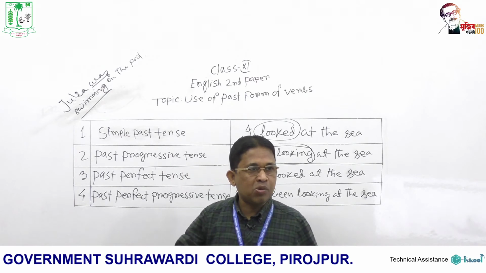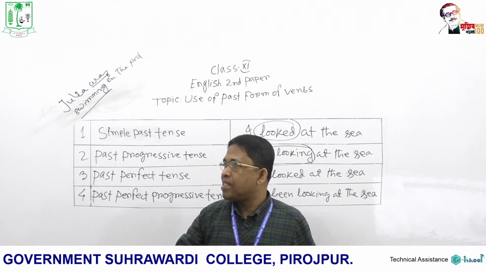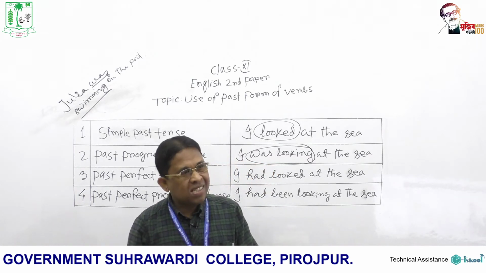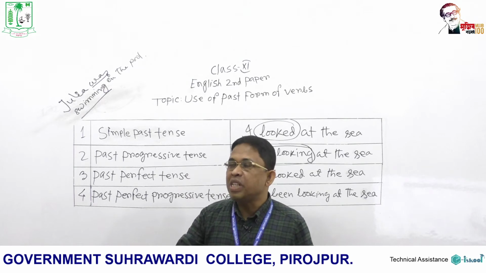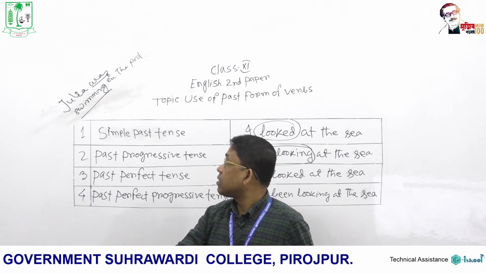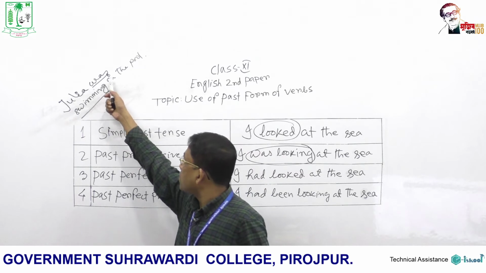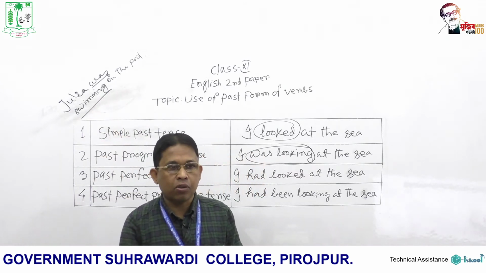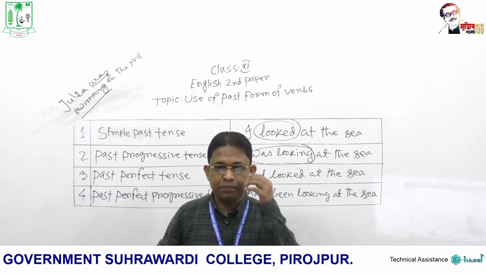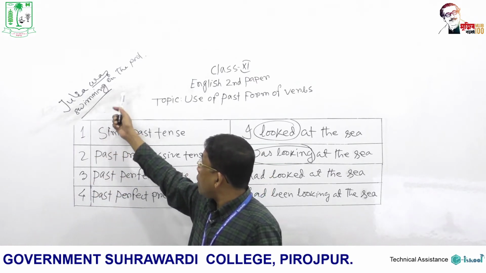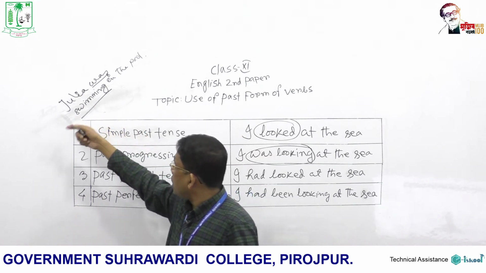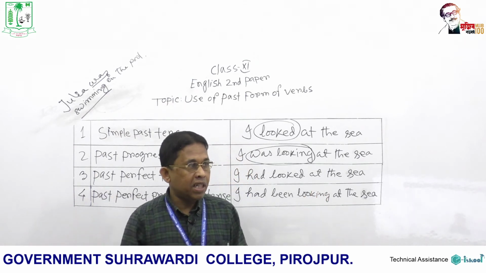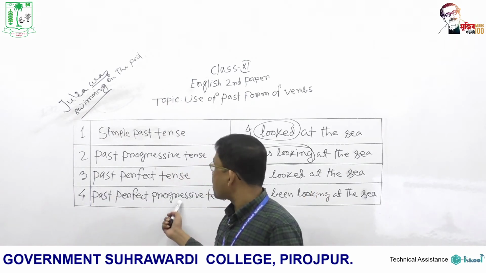Was swimming, as we have already mentioned, past progressive tense is to indicate an ongoing action in the past. Julia was swimming in the pool, that is, the action was going on, but not for a long time. If it was for a long time, for example, if I say Julia had been swimming in the pool for a long time, it becomes past perfect progressive tense.